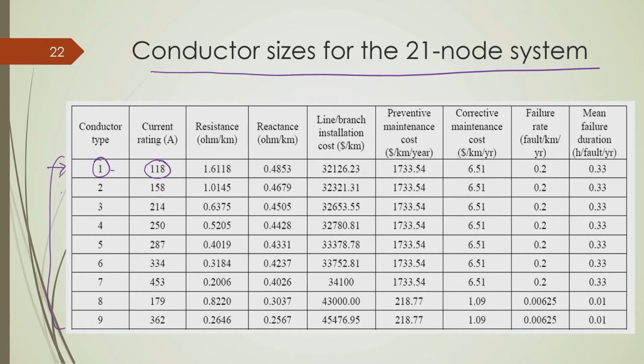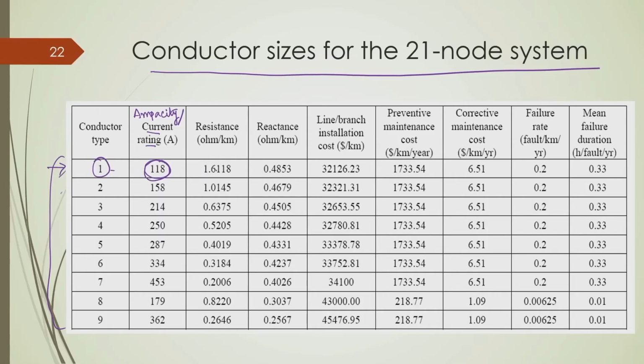So, here the second column represents the current rating, or ampacity rating, or ampacity limit. This is the ampere capacity limit, or thermal limit, you can say. Okay. That means, if you build a line with this conductor type 1, the maximum current that should flow through this line should be limited to 118 ampere.